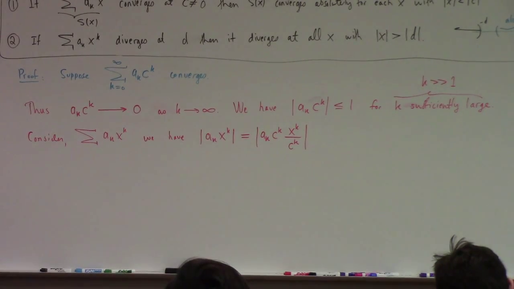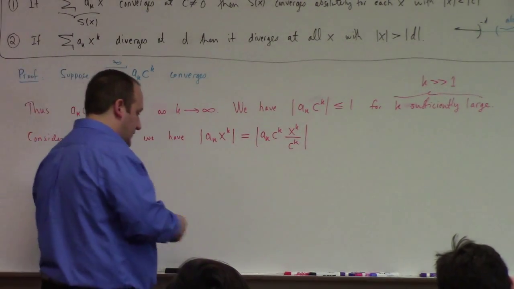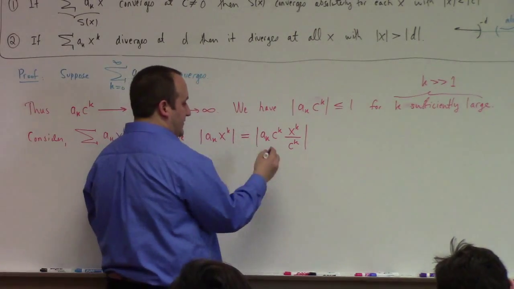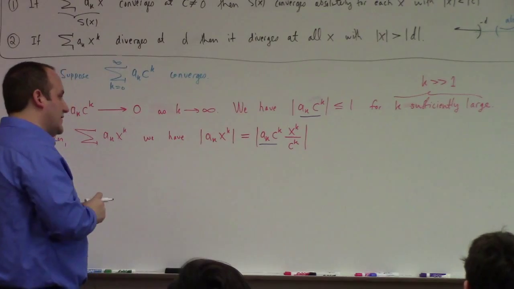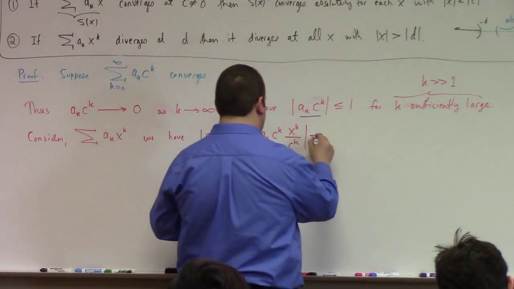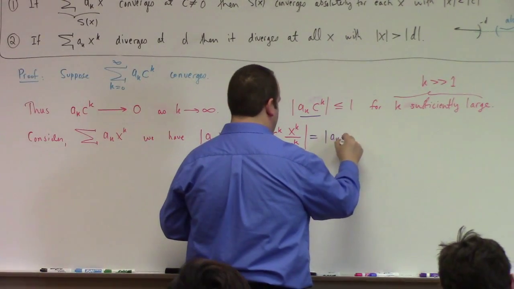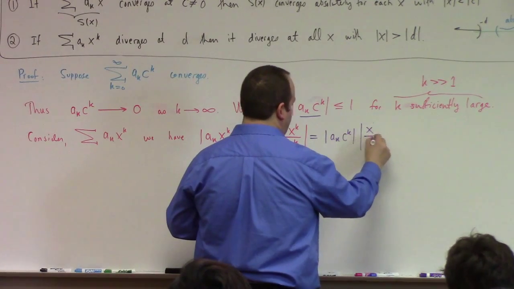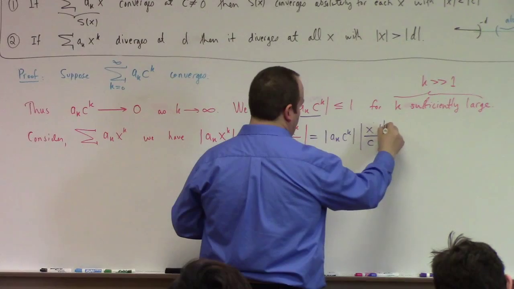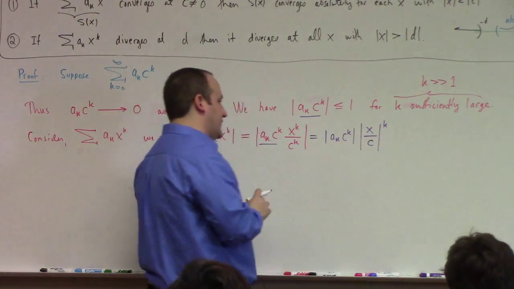Well, you're going to do that because you have control over this first factor, right? And so we can split that off and say that this is equal to the absolute value of a sub k c to the k times the absolute value of x over c to the power k, using properties of the absolute value function.